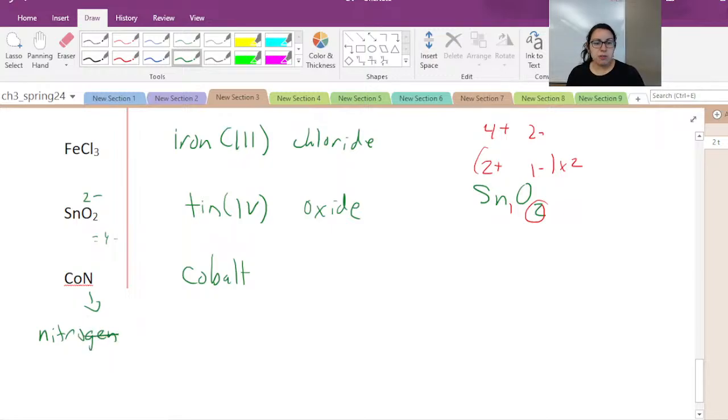So nitrogen, we just change the ending to "ide", so it becomes nitride. But then this is cobalt, so we need to add something to it. So we need to say oxidation states. And so what's the charge on nitrogen? Its oxidation state? So -3, and so nitrogen is -3. What does cobalt have to be? So our positive.